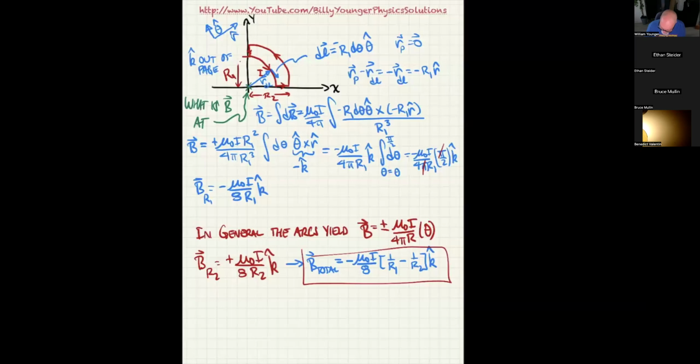Now, what happened for this little part, see this little part right here and this little part right here? Those little parts don't count, and here's why.